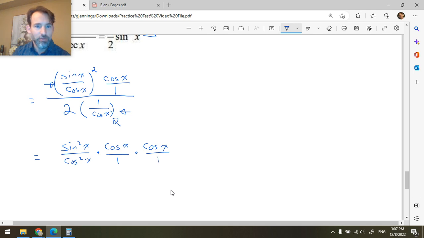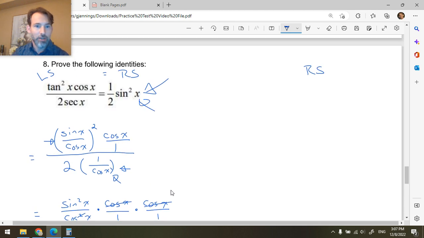That was this one flipped and now multiplying, all divided by 2. And wouldn't you know it, cosine x is going to cancel cosine x, and cosine x is going to cancel the other cosine x, leaving us sine squared x over 2.